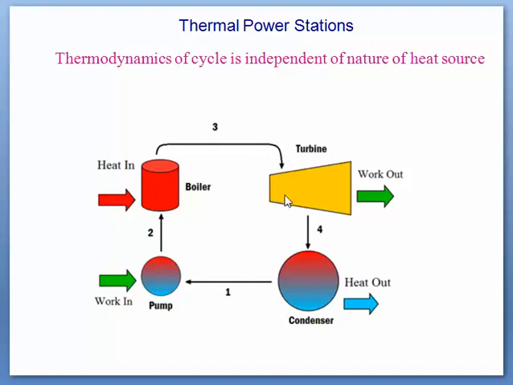While expanding in the turbine, work is developed, and this steam after expansion goes through the condenser, where again it changes its phase, and the steam or vapor gets converted into liquid, that is condensate, and this condensate is again pumped and sent to the boiler. So this is a cyclic process. The pump consumes some work to pump this fluid to the boiler.